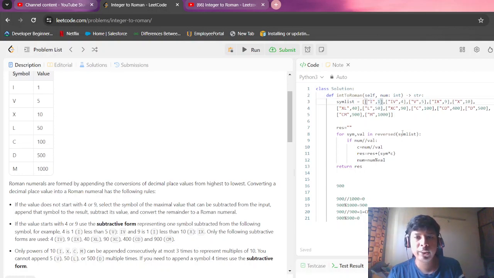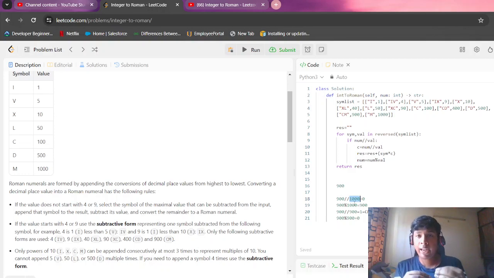And I am using the list in reversed order. Why am I using the list in reversed order? Because I have to start my division and modulo with the highest number, 1000. And why do I have to start with the highest number? Because Roman numerals work in a way where they go from left to right, from highest to lowest order.